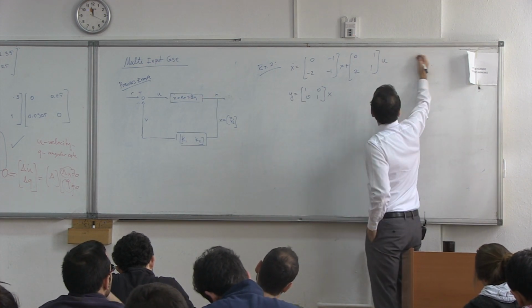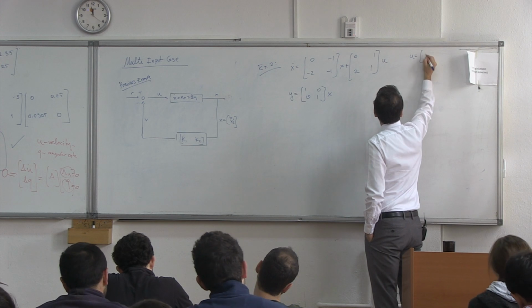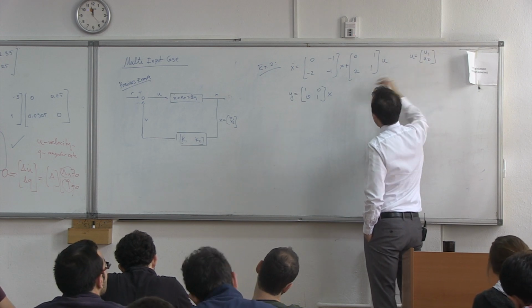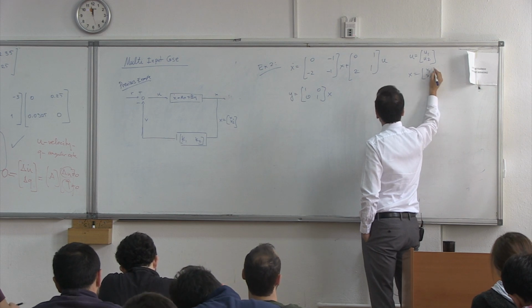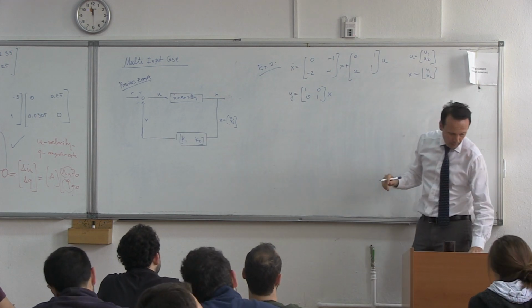So in that case, u now has two inputs, u1 and u2, and you have x1 and x2. Okay.